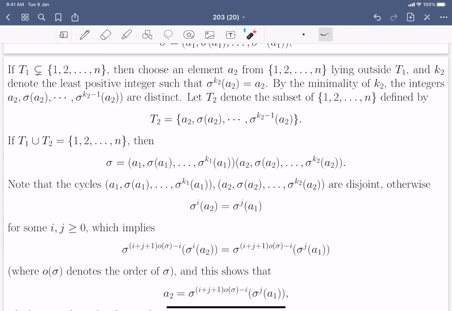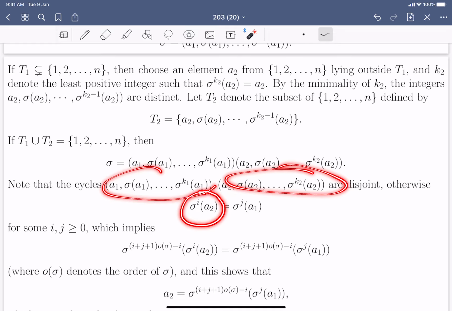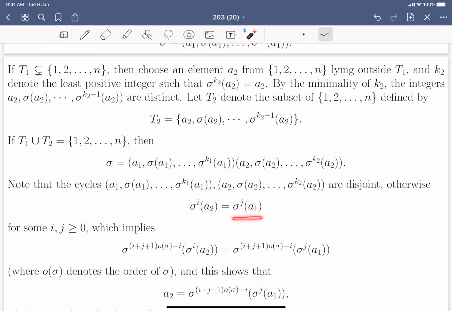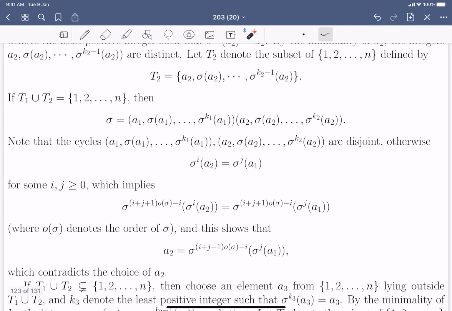Why that is so, this is easy to see, but let's get into this argument right now. If that is not the case, then you will have sigma raised to i applied to a2 being equal to sigma raised to j applied to a1, okay. So this will happen for some i and j greater or equal to 0.